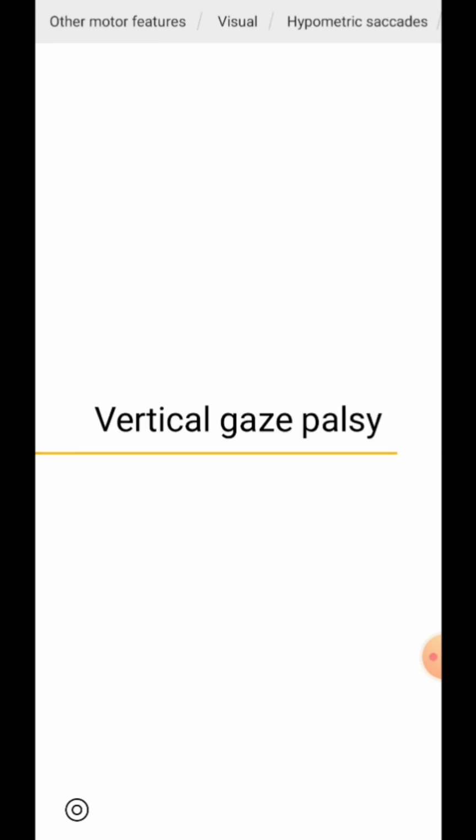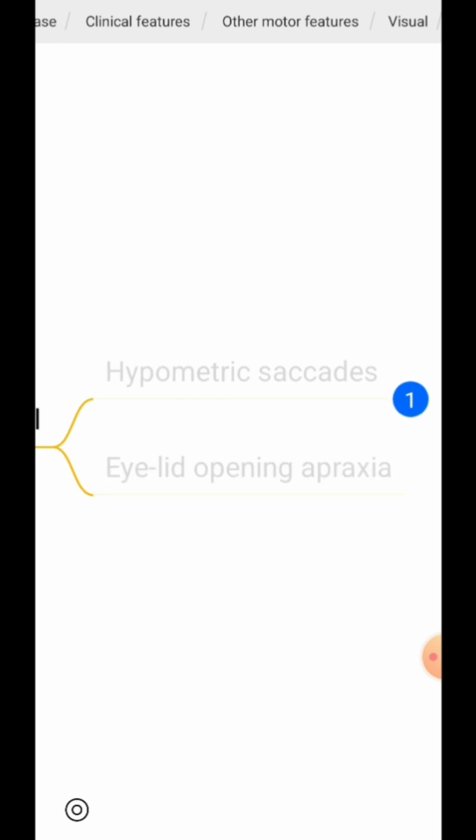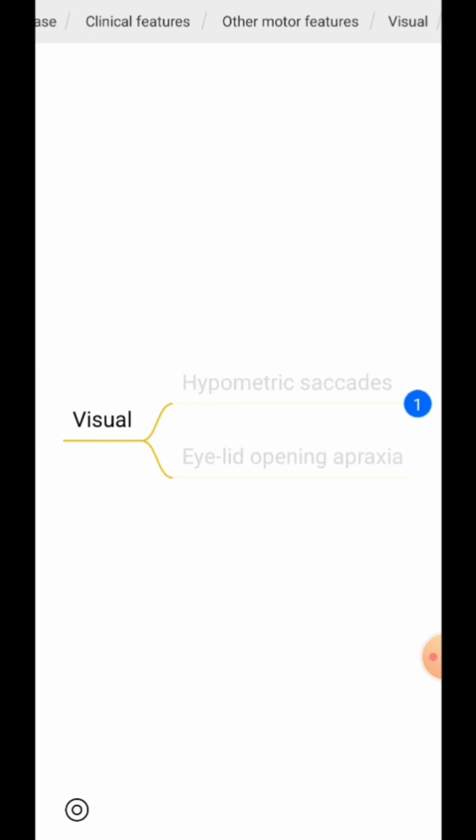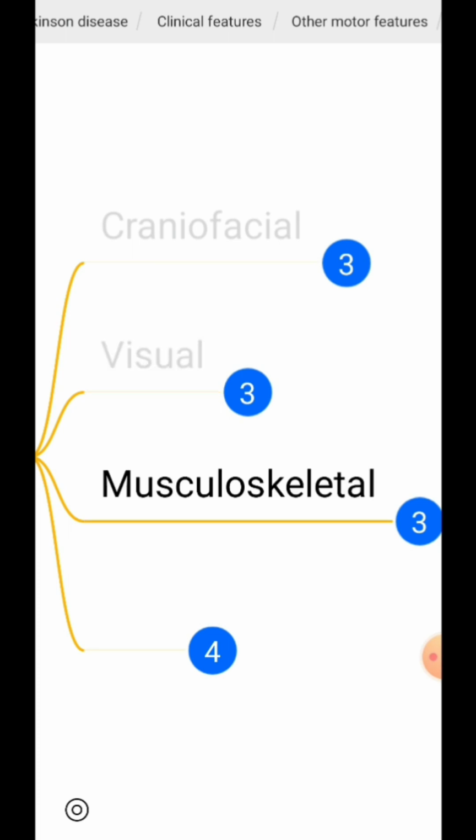And also, vertical gaze palsy can occur in Parkinson patients. And eyelid opening apraxia is another visual symptom of Parkinson disease. Like that, there are craniofacial clinical features and visual features.